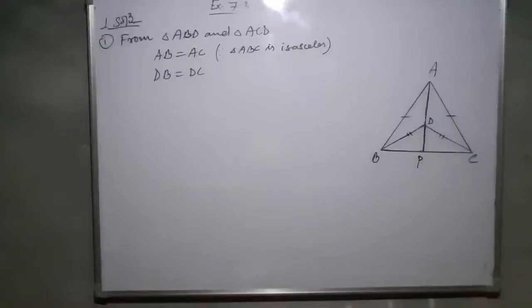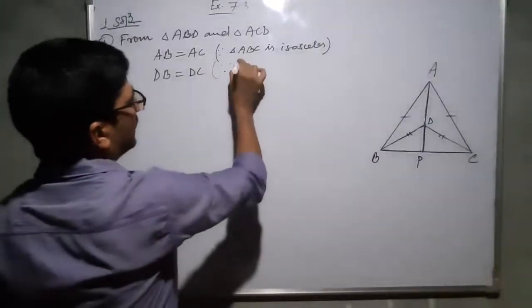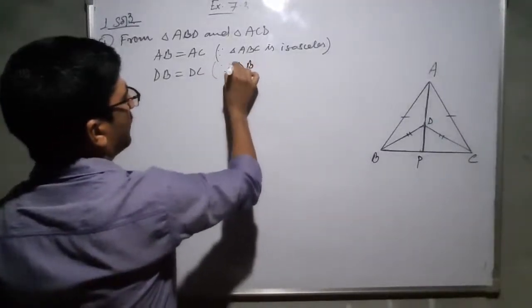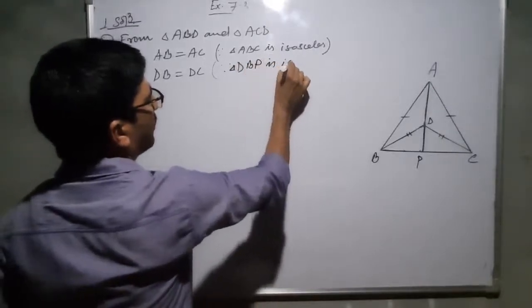So from triangles ABD and ACD, the first question we have to prove is ABD congruent to ACD. AB is equal to AC, written because triangle ABC is isosceles, given. Then DB equals DC. This is also because triangle DBC is isosceles.